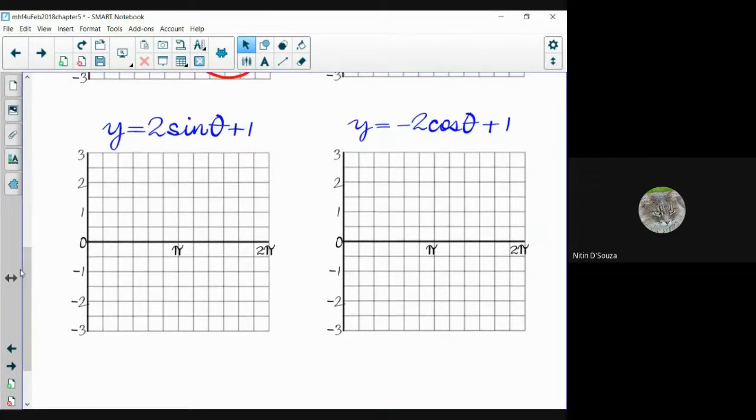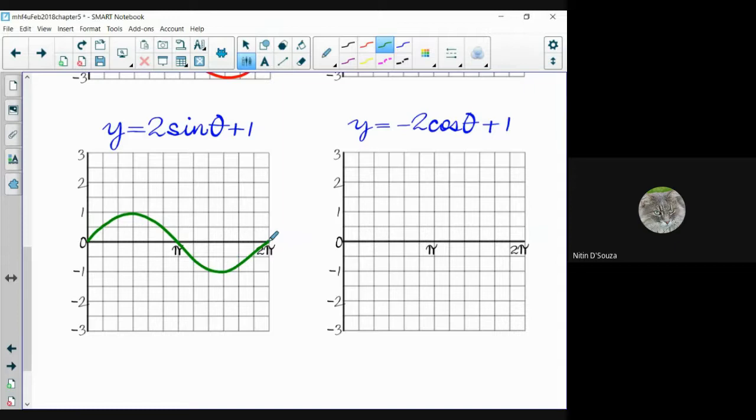So we're looking at 2 sine theta plus 1. So here's my sine theta graph. The 2 will stretch everything, and the 1 will add 1 to the y.